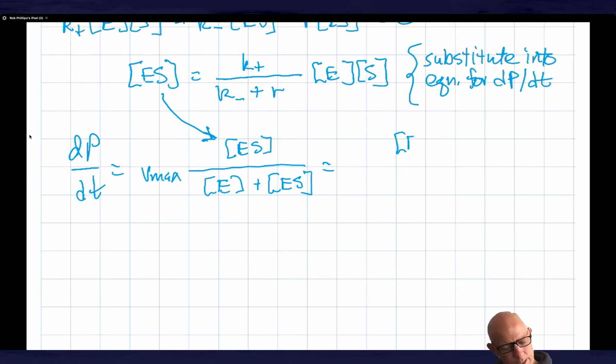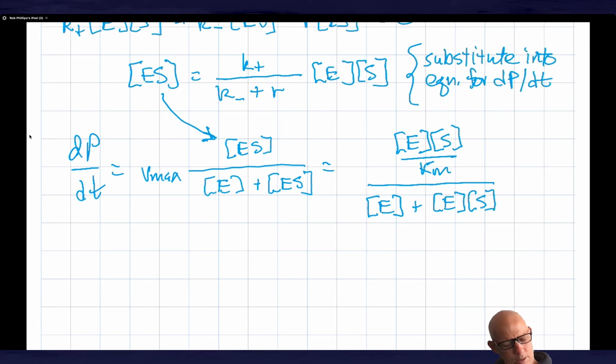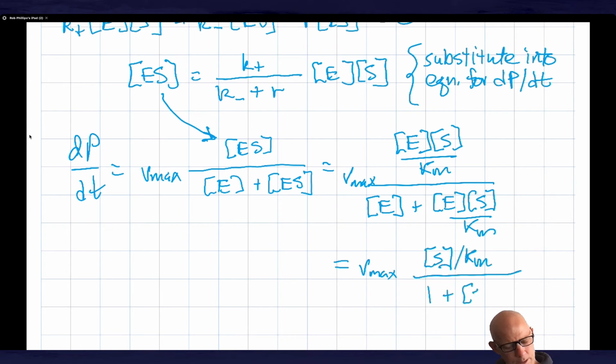E times S over Km over E plus E times S over Km, which is equal to, and there's a Vmax out in front, Vmax times substrate over Km over 1 plus substrate over Km.